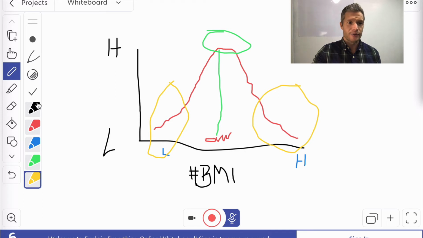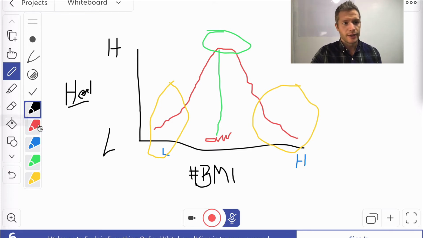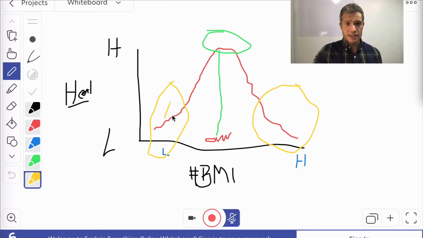Remember, this is health over here. Healthiness. I know it's a very general term, but health outcomes. So again, these folks down here are not doing so good. These folks up here, the obese and morbidly obese, not doing so well either. They hit this threshold of poor health down below.